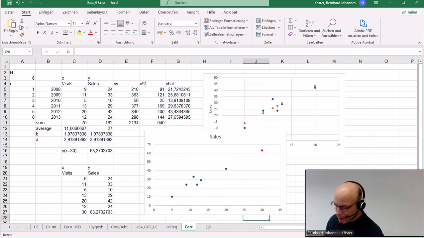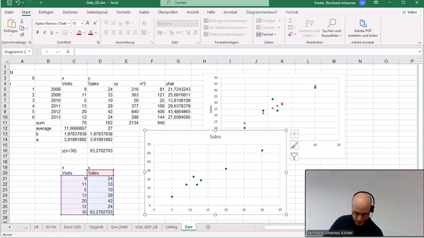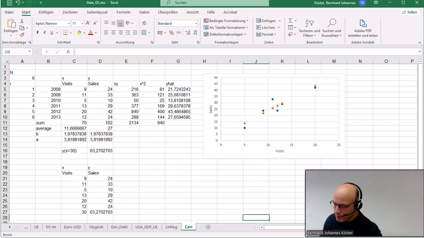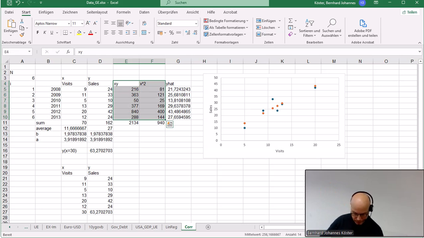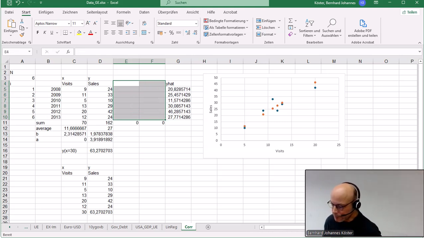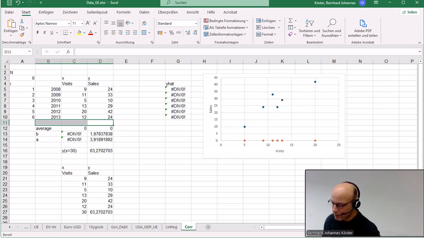The correlation analysis, and now this one we don't need anymore. And this also not.